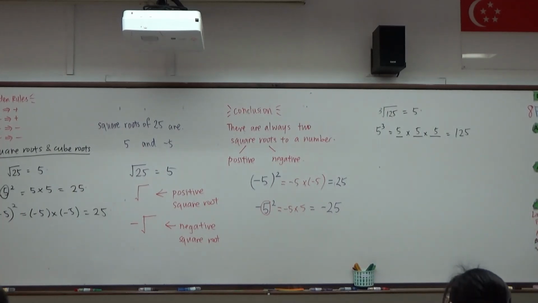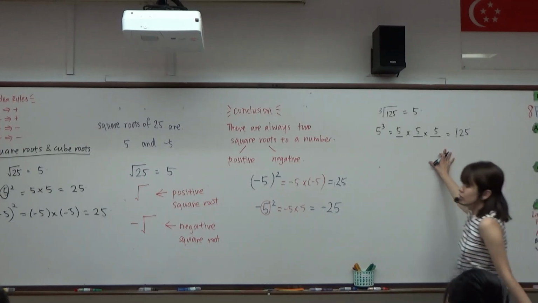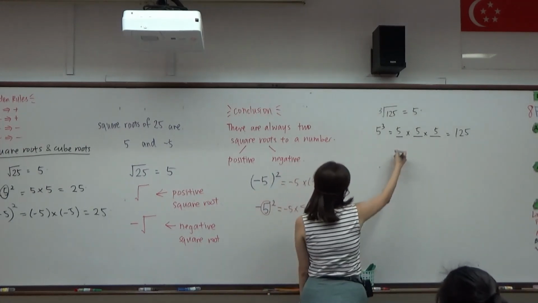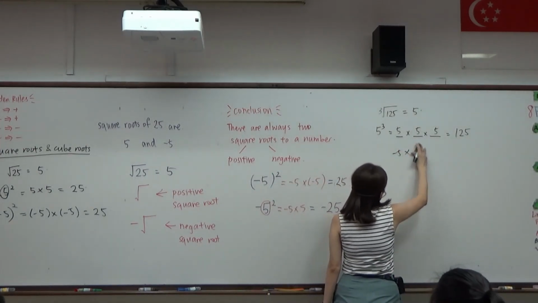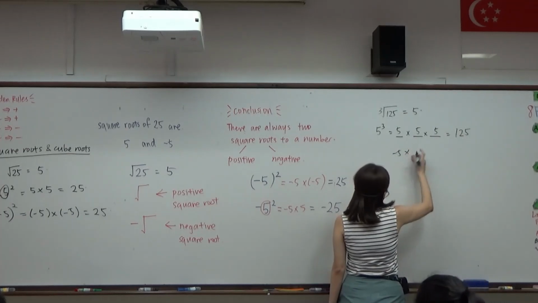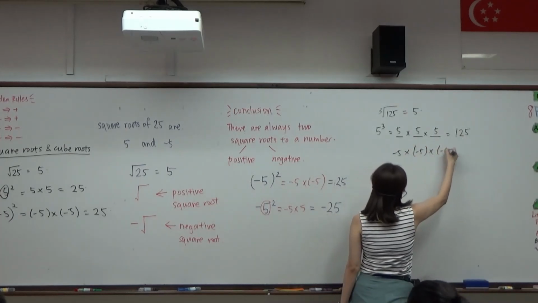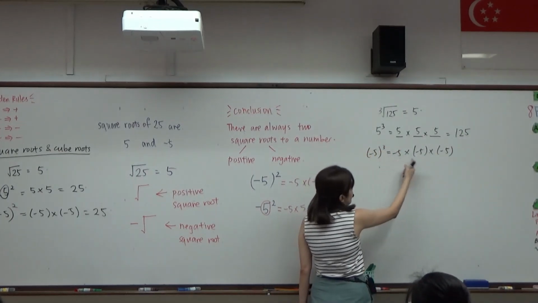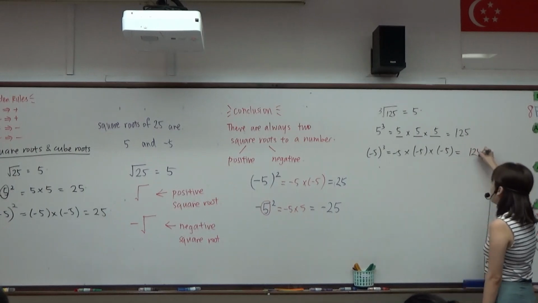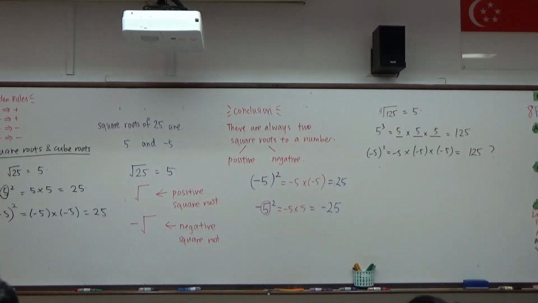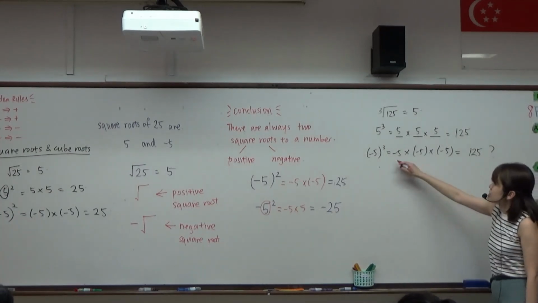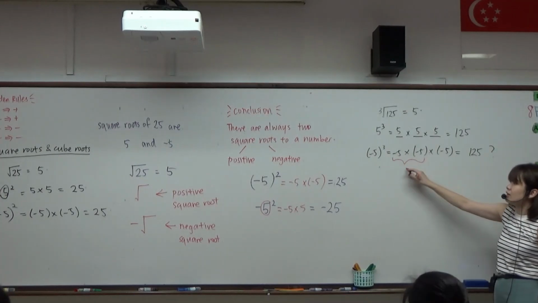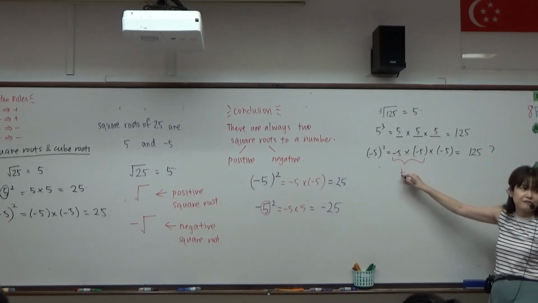Now, for cube root, is it possible for it to be negative 5 times negative 5? If I write it like that, do I get 125, like the same logic as my square root? No, right? The question here is why? Because negative and negative down here become a positive.